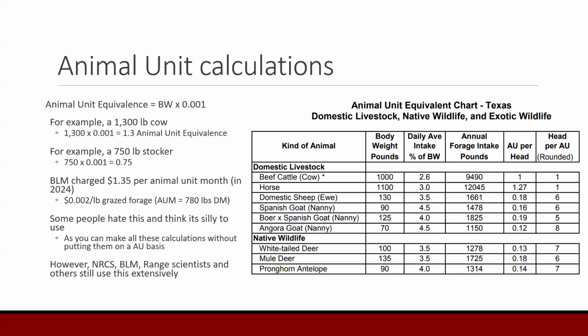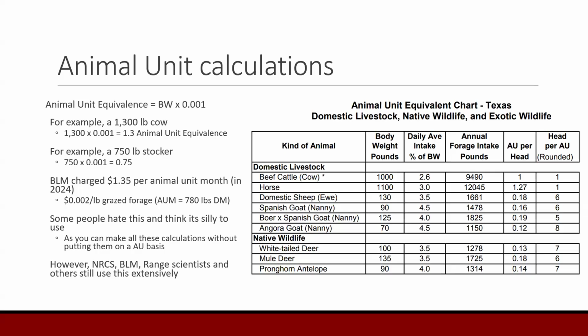So we assume that a 1,000 pound cow is going to consume 2.6% of its body weight in a day, right? So one animal unit in a day is going to eat 26 pounds of forage dry matter.